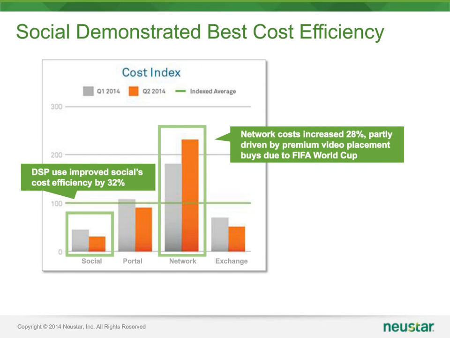So the call out that you see here, and it's a continued trend from the first quarter in 2014, is that social continues to be the most cost-efficient channel, indexing about 70% below the industry average, and actually continuing to show an increase in cost efficiency of 32%.